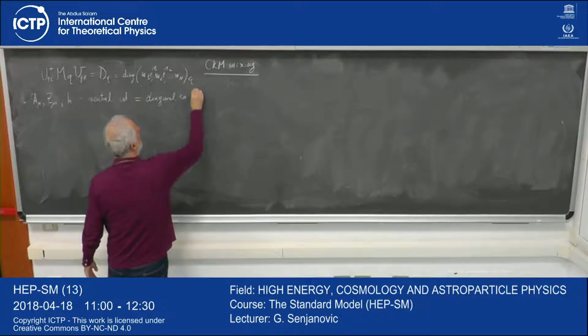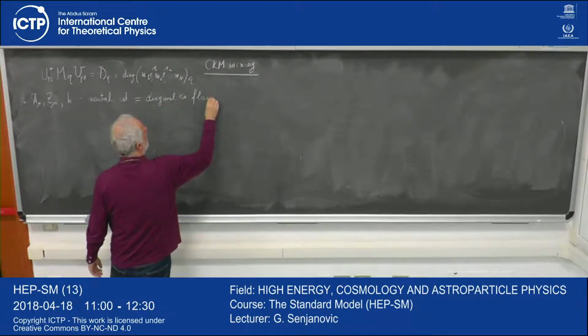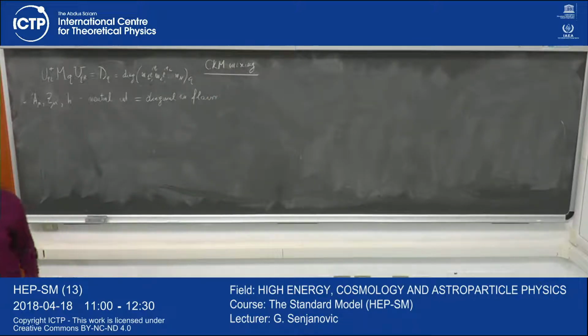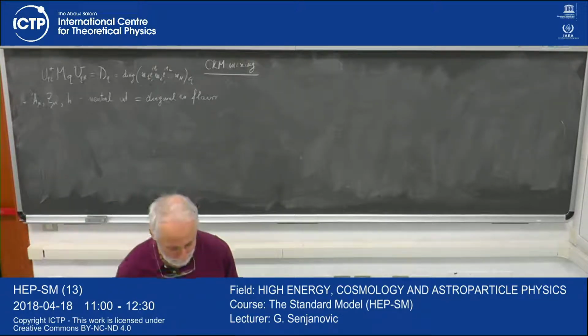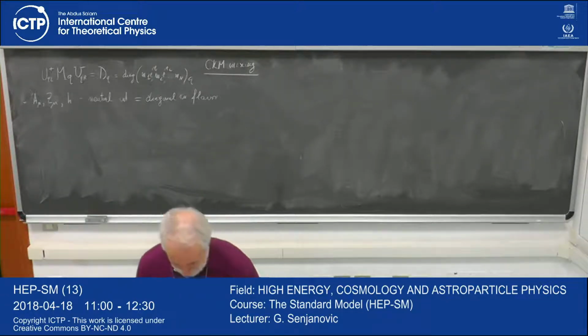Diagonal in flavor. Flavor is different species, okay? When I speak of flavor, then I say up quark or charm quark. They are particles of same quantum numbers but different flavor. Down and strange quark would be same particles of different flavor. Ice cream is an ice cream, but it's a different flavor, right? It may be made sort of in the same structure.